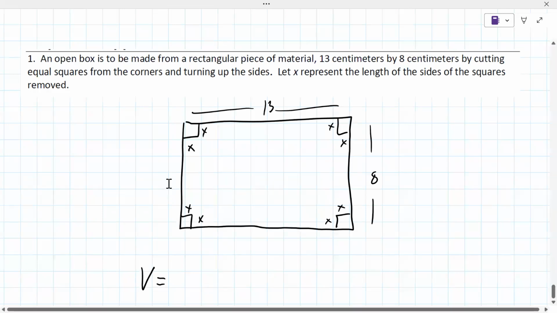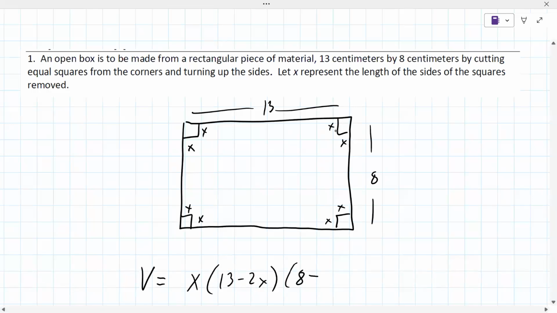So you basically have to figure out the new side length when you cut these out in terms of x. So isn't it 13 minus x? That only gives you... you're cutting them out from both sides. Oh, so 13 minus 2x times 8 minus 2x. Yes.